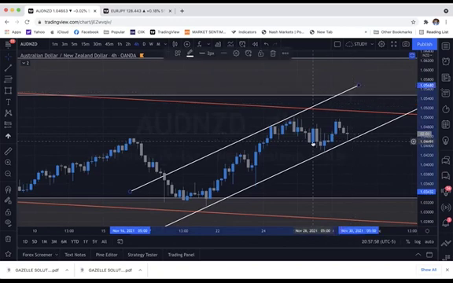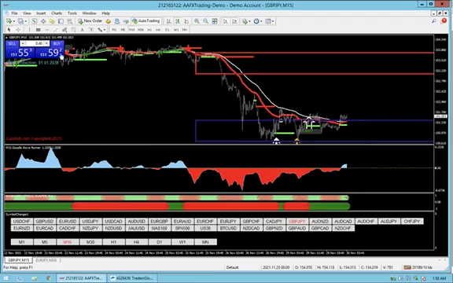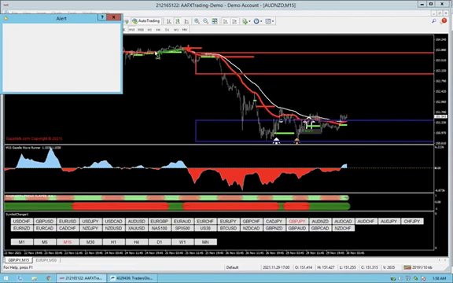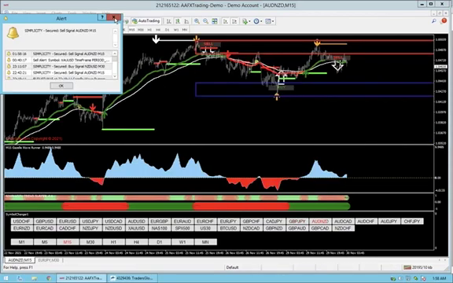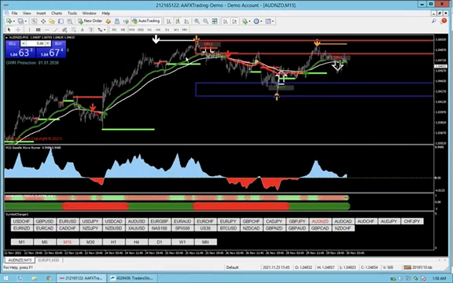Okay, so let's look and see on MT4. And this is AUD NZD. So let's look on AUD NZD and let's see what we got. It's kind of all over the place.